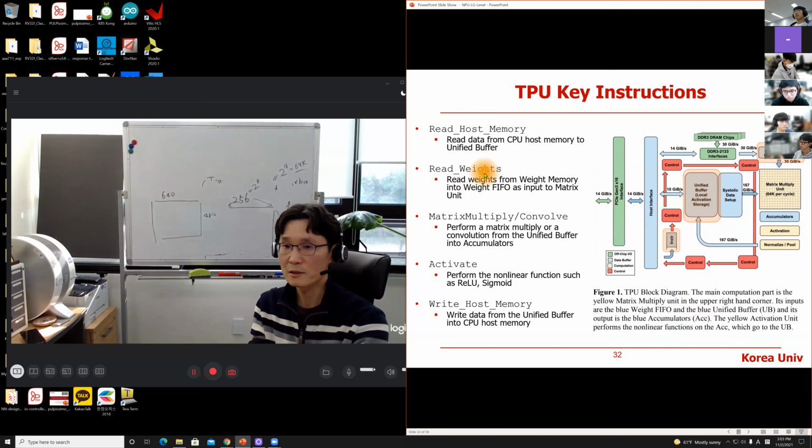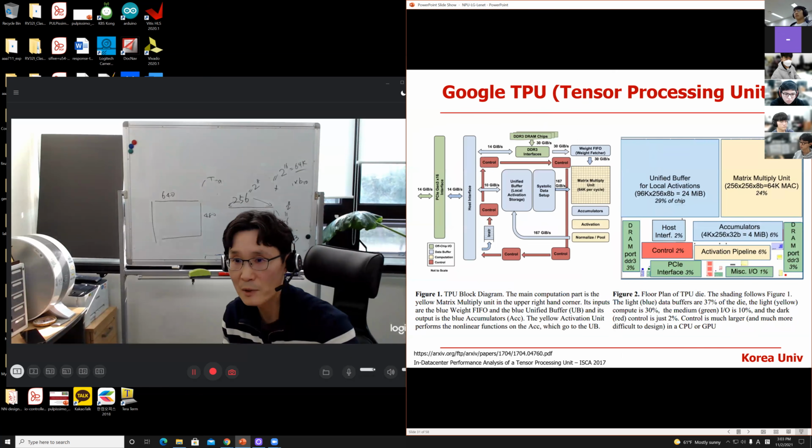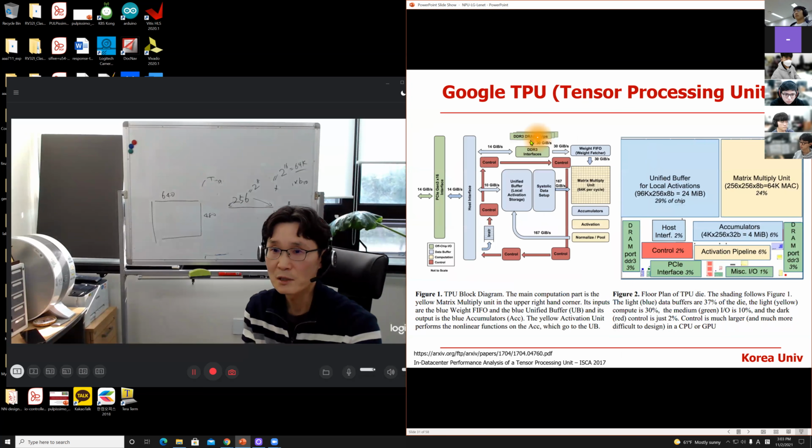So that instruction stores the input image into the unified buffer, and there is also the read weight instruction. It reads weight information into this buffer from here. Look at this, DDR3, right? No, this is not main memory.